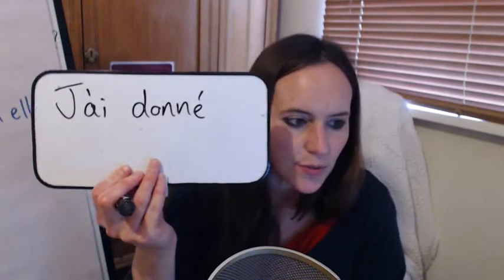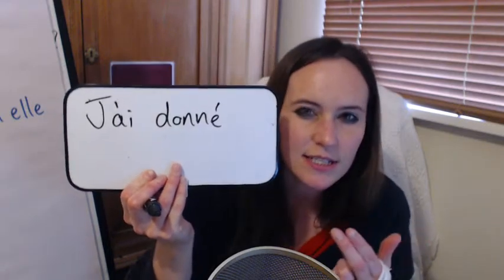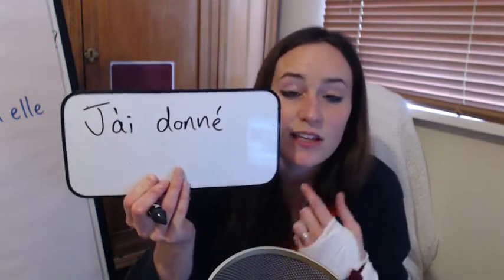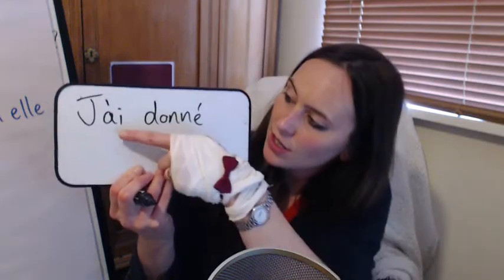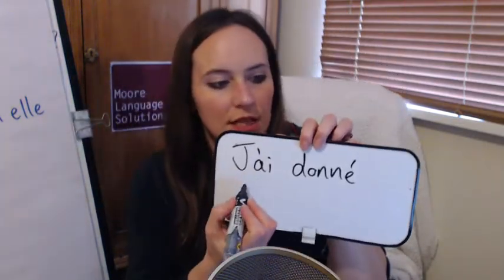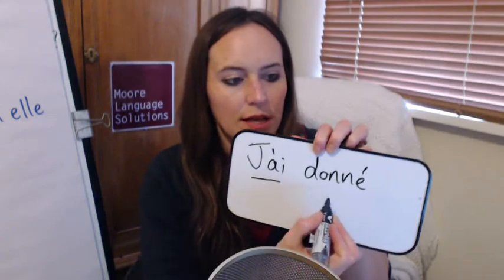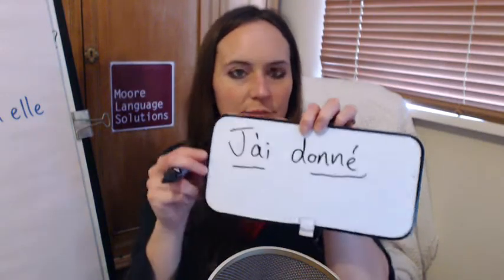Let me show you how this works. J'ai donné. So that's the verb, the conjugated verb donner in the je form, passé composé. So the whole verb bit here is the ai from avoir and the past participle of donner.